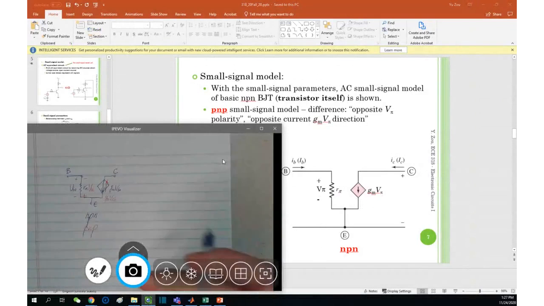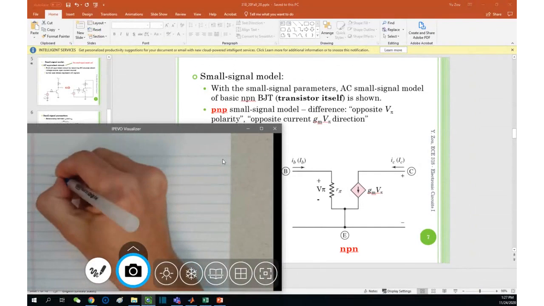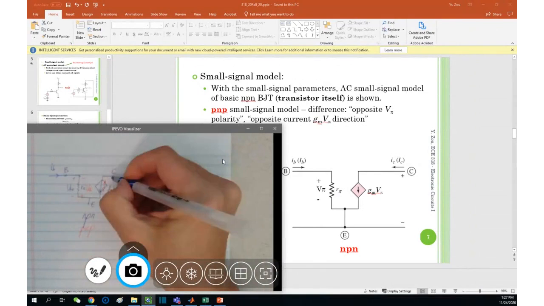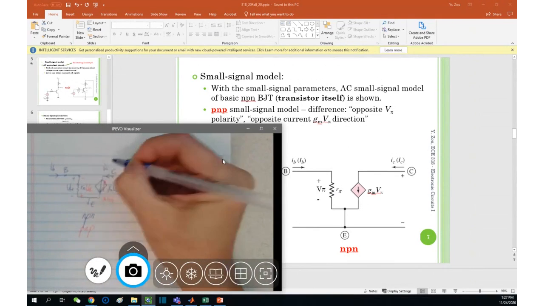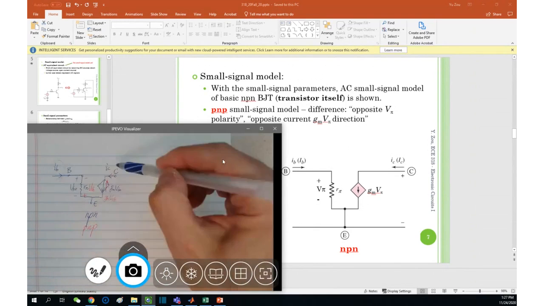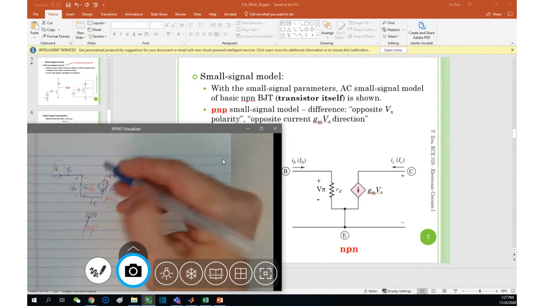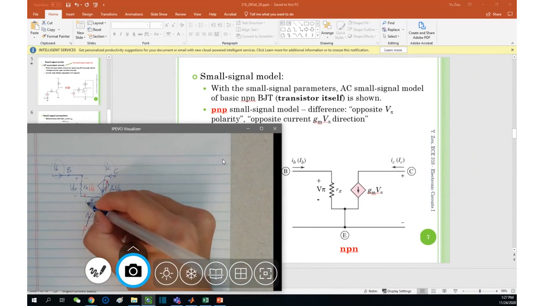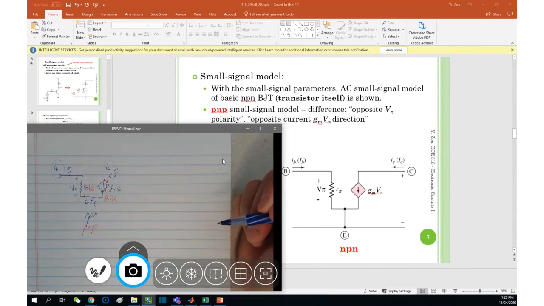If you're talking about here, IB, right? Here, IC, right? Be careful, I'm using blue. Blue means the NPN, okay? IB here, IC here, IE is downward. I'm using red to label the current direction for the PNP.